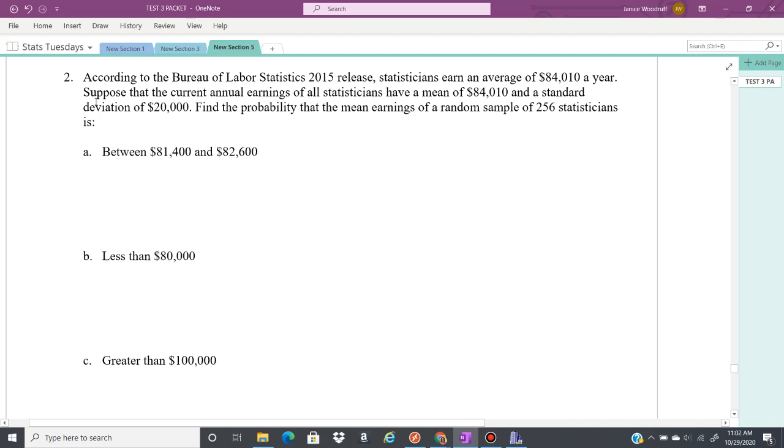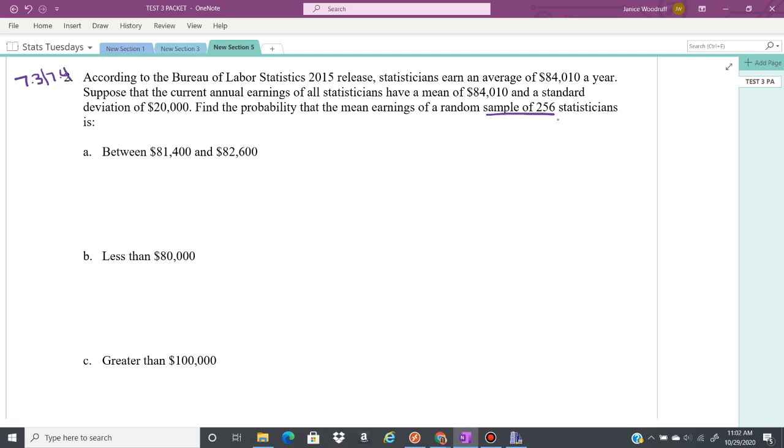Okay, so this is actually section 7.3, or I think it's 7.4, because we're given a sample of 256, and we're given the value in numbers, not as a proportion.